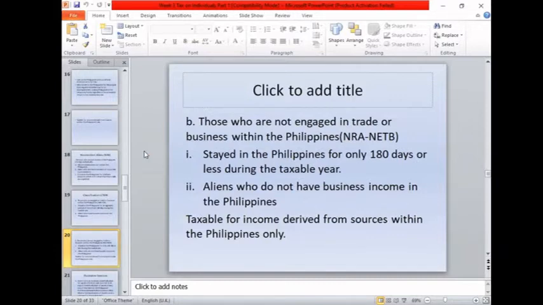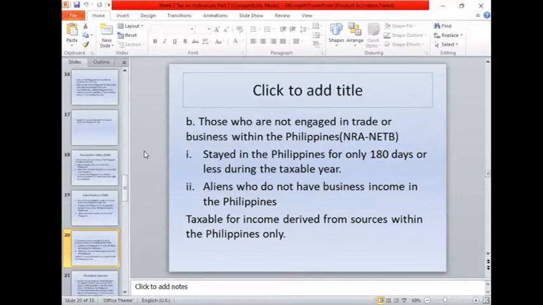than 6 months. And take note, these non-resident aliens do not have business income in the Philippines because they only stay here as tourists. They are here for a short period of time to attend a seminar, or they are staying here to be a speaker of something.